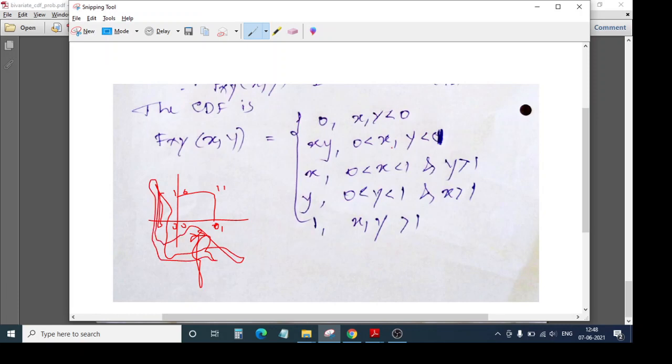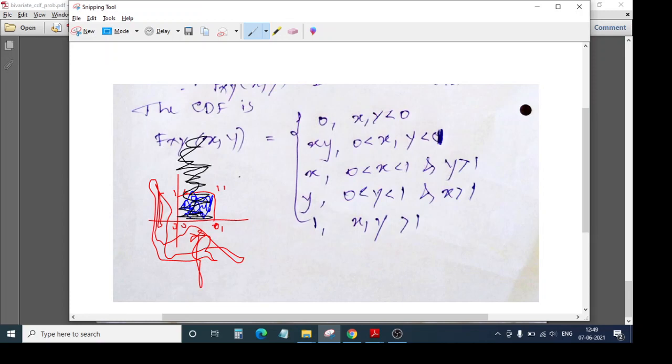Next comes, when y is less than 1 and x is also less than 1, we'll take this area. Next, this area is covered. In the third area, x is in between 0 and 1 and y is greater than 1, so x is in between here, and y is greater than 1, so this area has been covered.